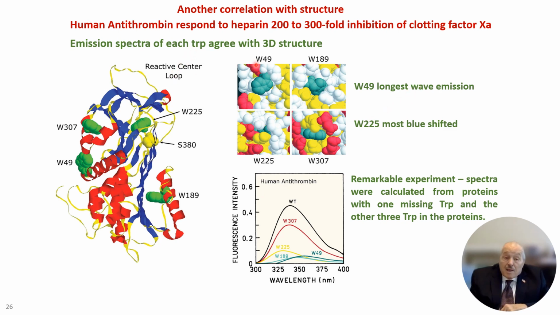You can correlate the three-dimensional structure of antithrombin when some of the other residues were replaced from tryptophans, and to state this very quickly, the tryptophan 49 looks to be right on the surface of the protein, and it's the red shifted emission, which you can see down here.